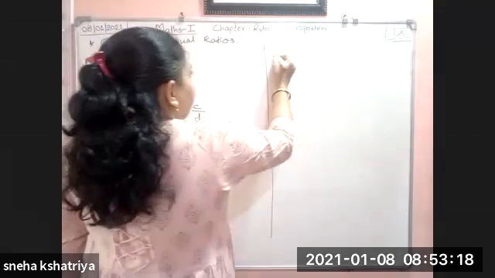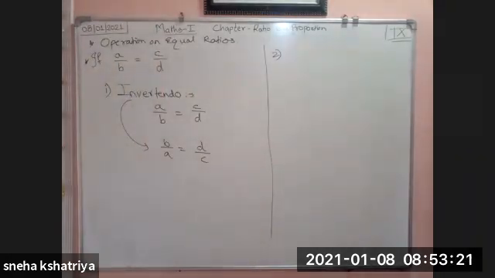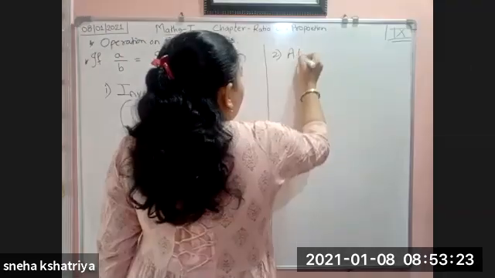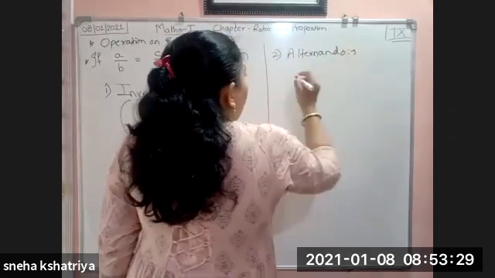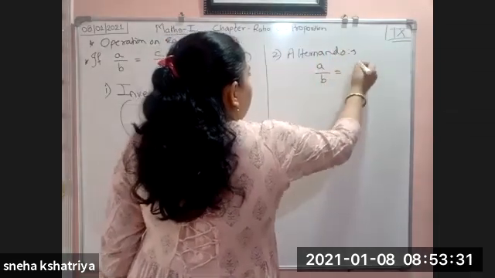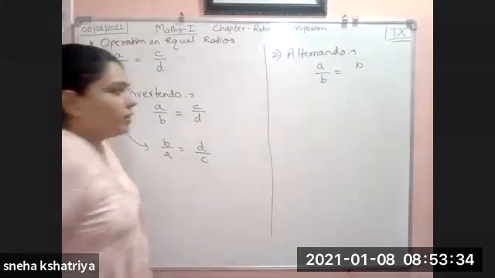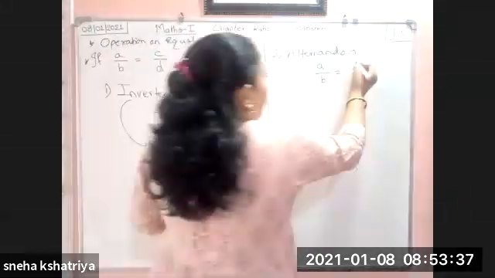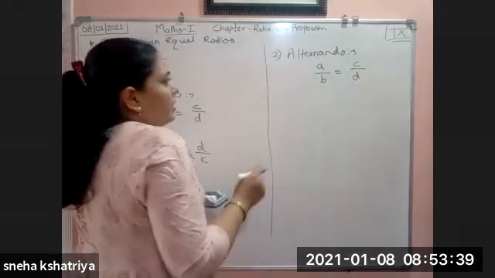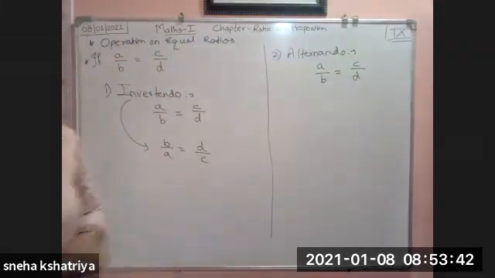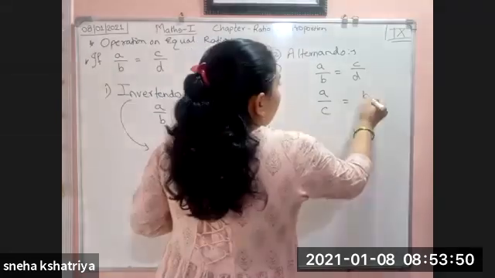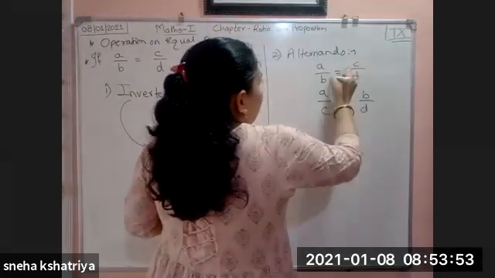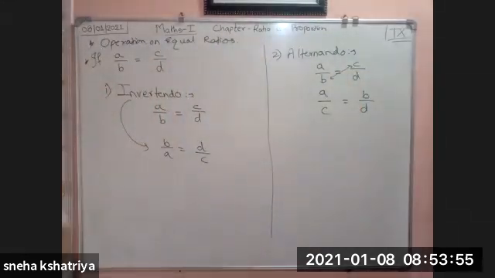Okay, the second one is alternendo. What is alternendo? If A upon B is equal to C upon D, then we can interchange the quantities, like A upon C. This will become A upon C is equal to B upon D. These values we can interchange.